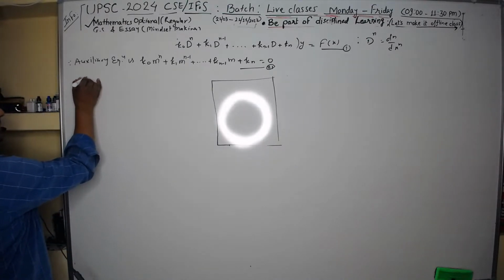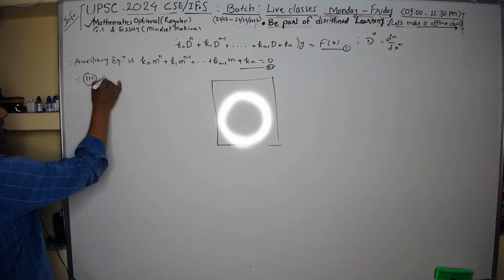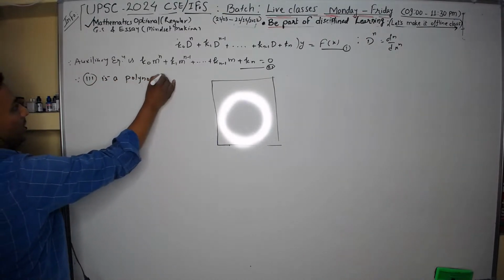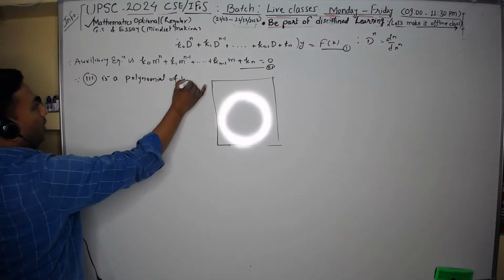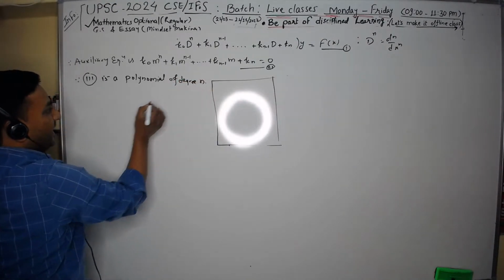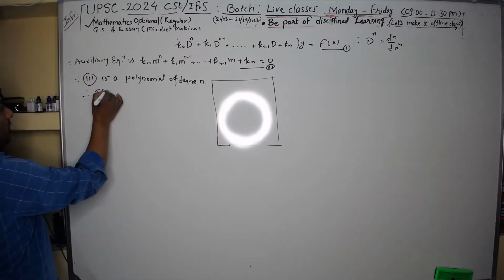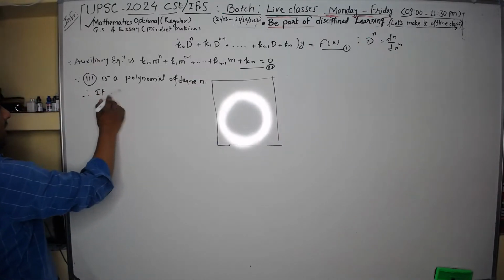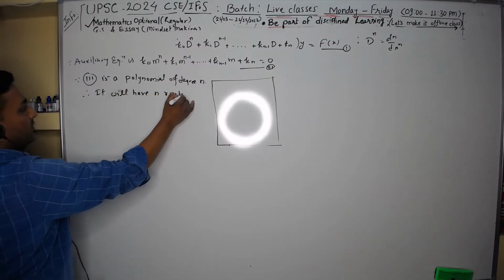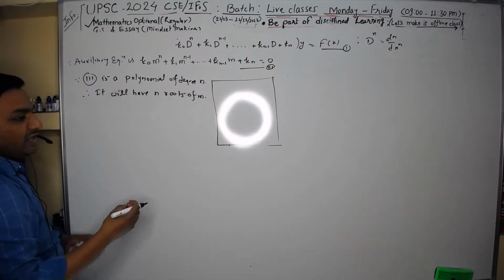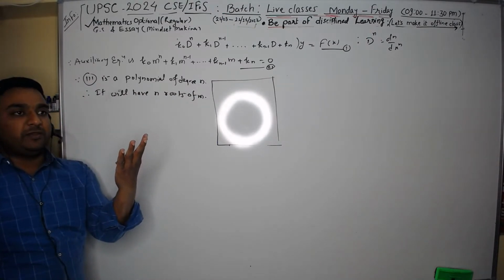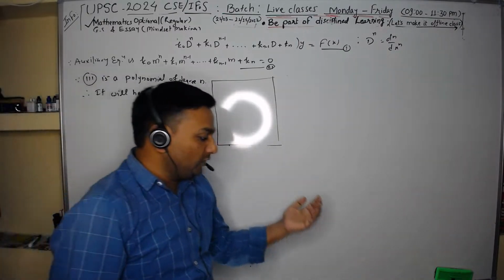Since equation 3 is a polynomial of degree, कितने डिग्री का polynomial है? n. So it will have n roots of m. If you have cubic polynomial, it will have 3 roots. If you have 4th degree polynomial, it will have 4 roots.